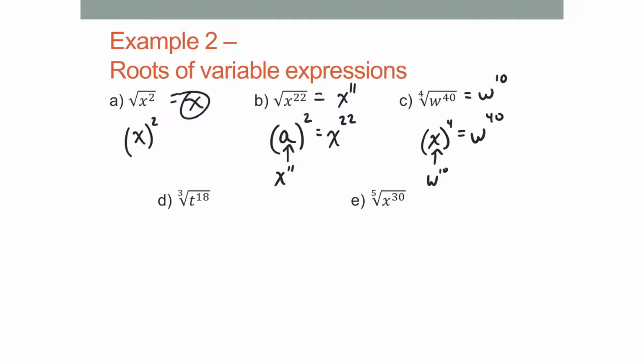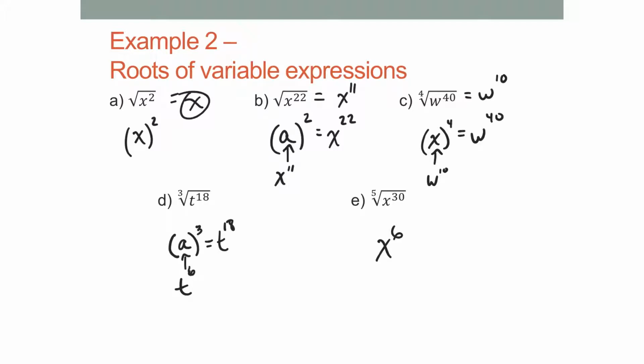Cube root of t to the 18th. Again, this is the last one I'll do this explanation with. What to the 3rd power is t to the 18th? Well, that in there must be t to the 6th. 6 times 3 is 18, right? Last one, 5th root of x to the 30th is x to the 6th.